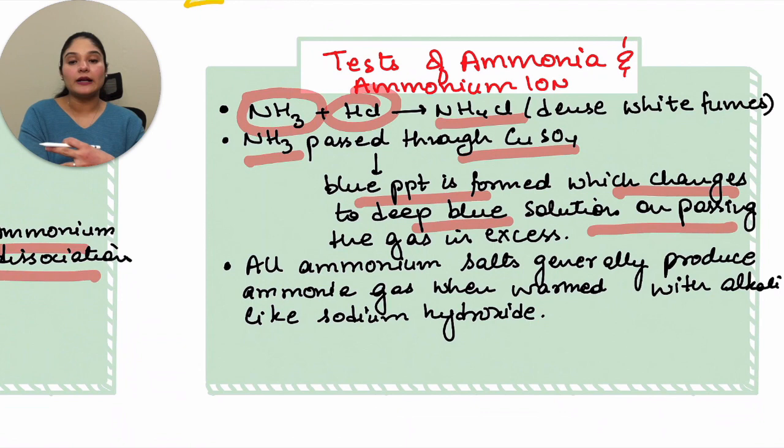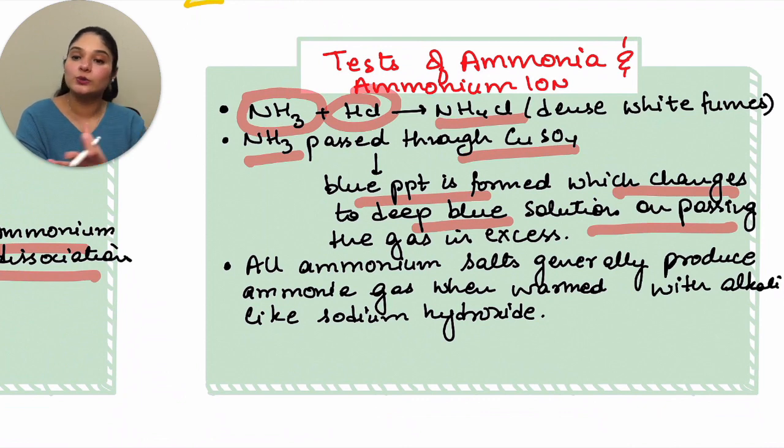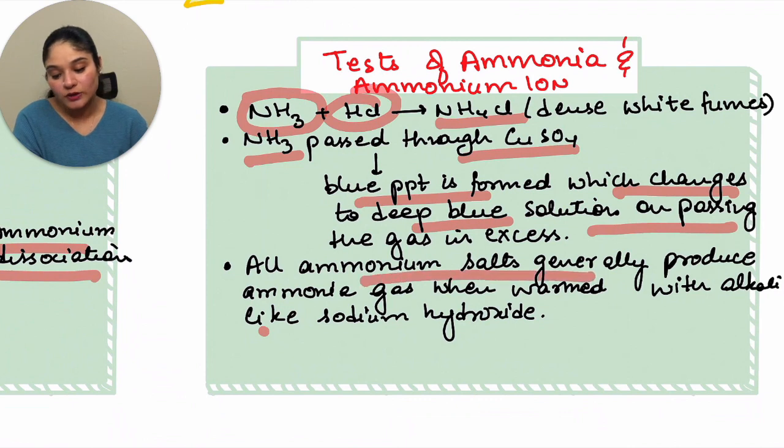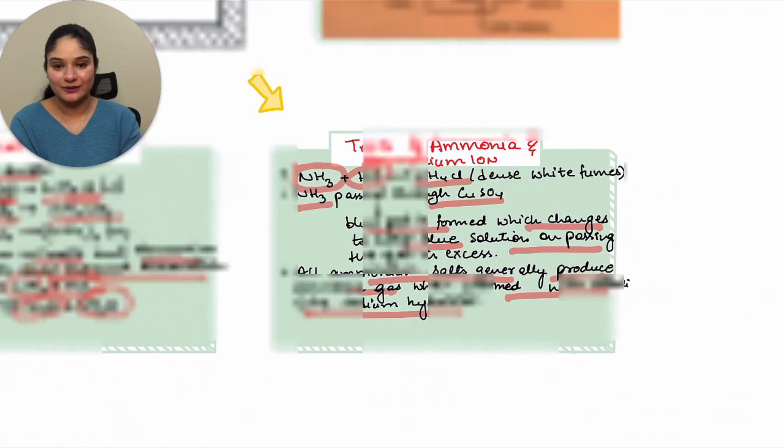So when you add more ammonia to it, it changes into a deep blue solution. So copper sulfate will give you a PPT blue in color, and when you keep passing more ammonia to it, it turns into a deep blue solution. The next is, all ammonium salts generally produce ammonia gas when warmed with alkali like sodium hydroxides.